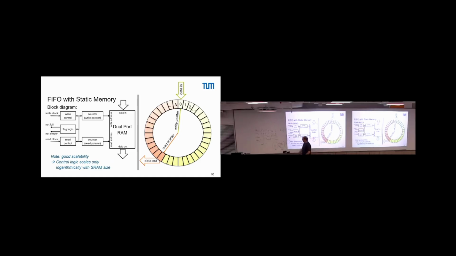So if data arrive here, the FIFO will tell your microcontroller, hey, here you have data. The microcontroller then says either, okay, give them to me, or the microcontroller says, nice that we have them, I need them later. And you cannot know at which point in time you effectively start reading here.